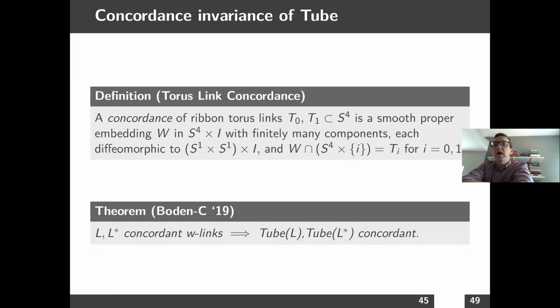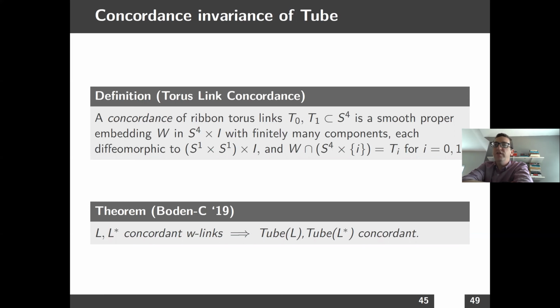Okay, and so what do we mean by concordance of torus links, ribbon torus links? A concordance of ribbon torus links is just a smooth and proper embedding W into S4 times I, where each component is diffeomorphic to S1 times I, and the intersection of W with S4 times i is equal to Ti.